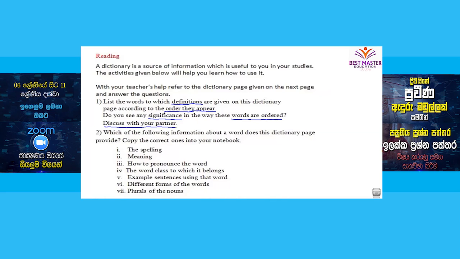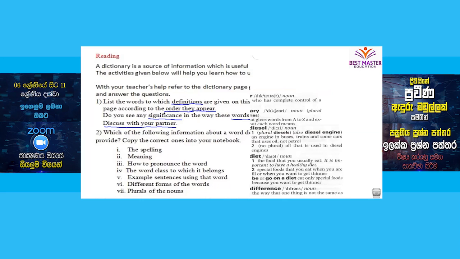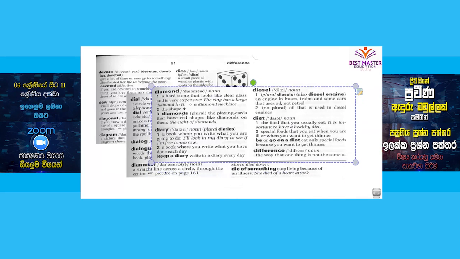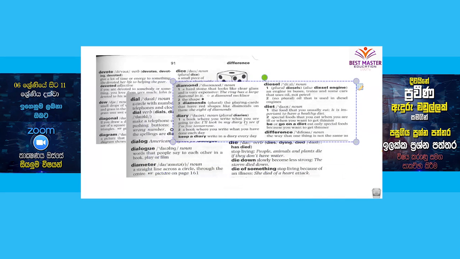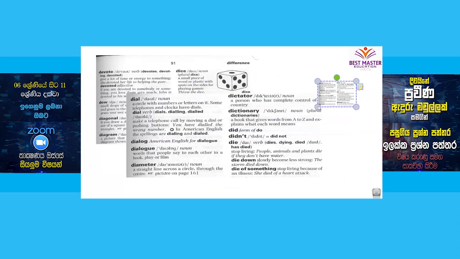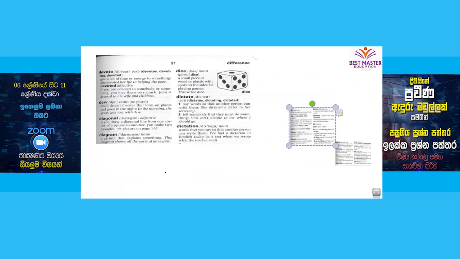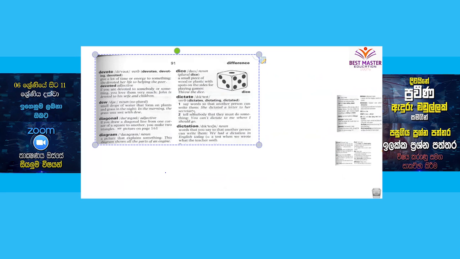Again, list the words. Go to the dictionary page first. This is the dictionary page. Right. This is the first part of the page.